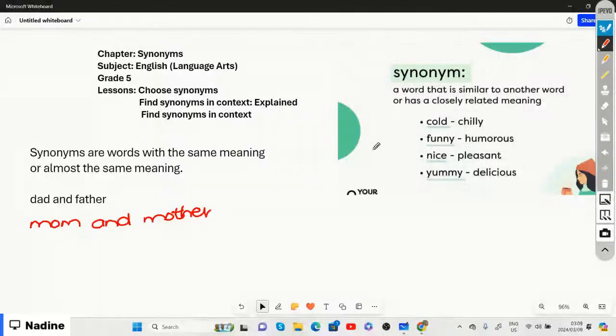And if we look at a more detailed explanation of the definition of synonyms, it's a word that is similar to another word, or it has a closely related meaning to that specific word.